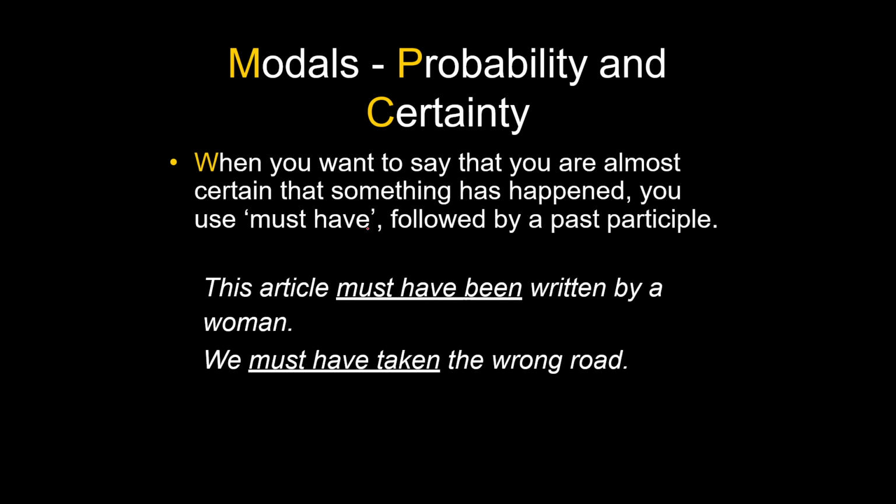When we want to say that we are almost certain that something has happened, we use must have followed by the past participle, or verb 3. For example, "This article must have been written by a woman." So when we are sure, we use must have with the past participle. "We must have taken the wrong road."